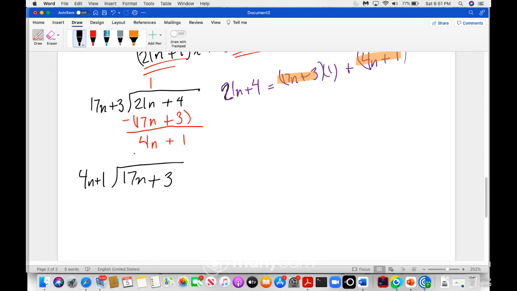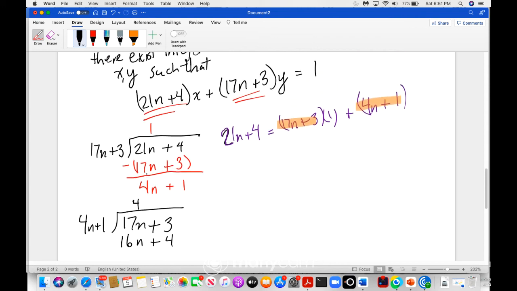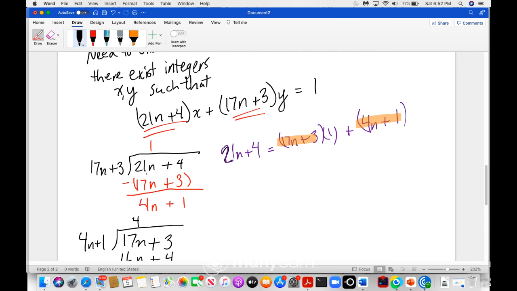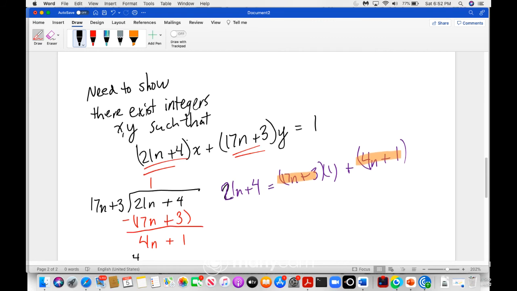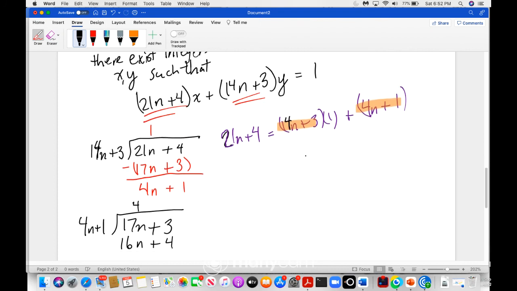If this is a 4, then 4 times this quantity will get me a 16n plus 4. And then when I subtract, wait, I think I copied the problem down wrong. Oh shoot, because I was going to say, this should be a 14n plus 3. All right, I'm so sorry about that. So 14n plus 3.